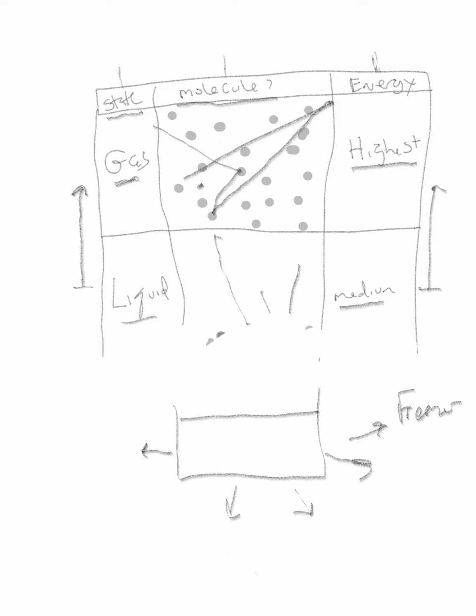What's going to happen is the molecules are going to slow down. And they're going to slow down so much that they don't have enough kinetic energy to break free from the bonds that are holding them together. And that's when you're going to have a solid. So in order for the water to go to a solid state, in other words, form ice, I need to remove heat from it.